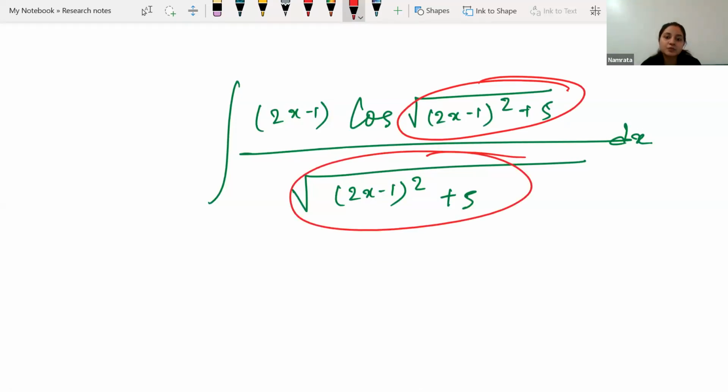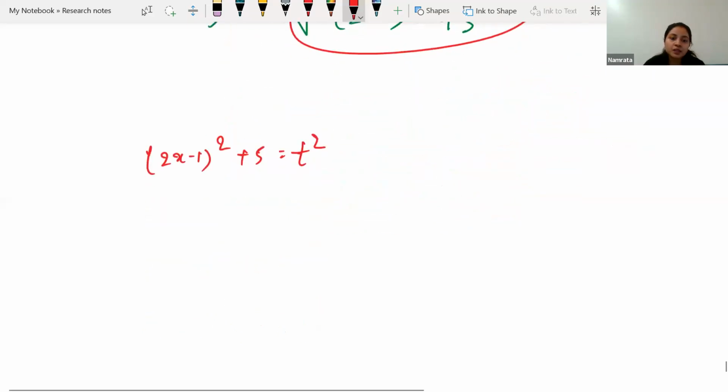So let's take that substitution. We will be taking this complete, let's take as t square, because the square root is there. So we will be taking 2x minus 1 whole square plus 5 is equals to t square. What we are going to get? 2 times 2x minus 1, and then chain rule we have to apply.